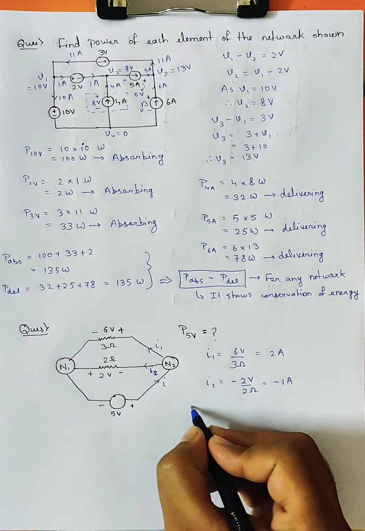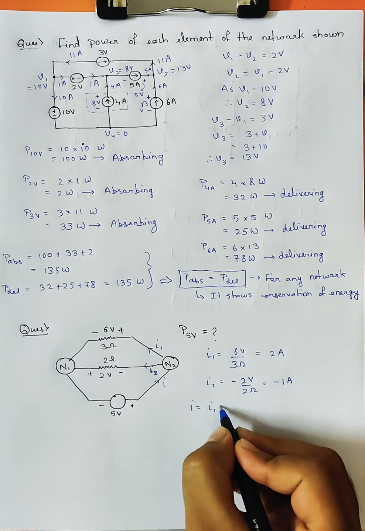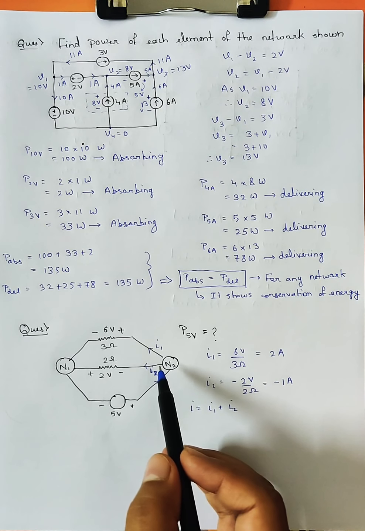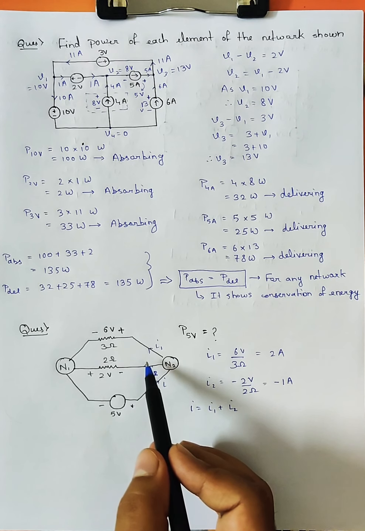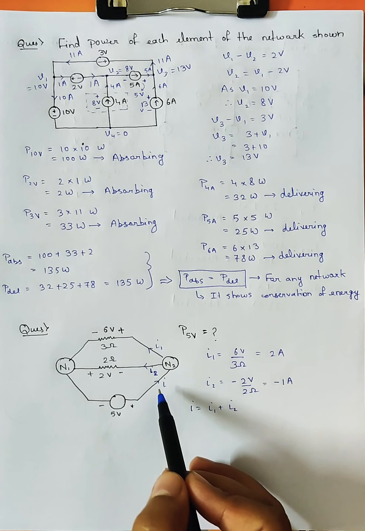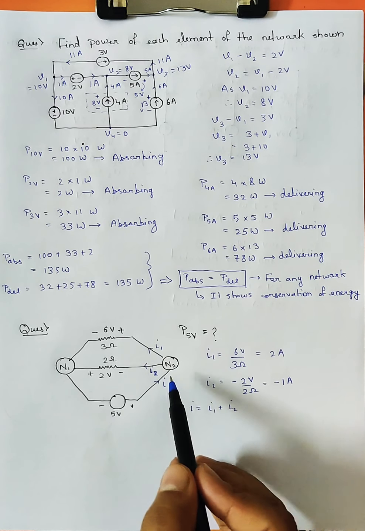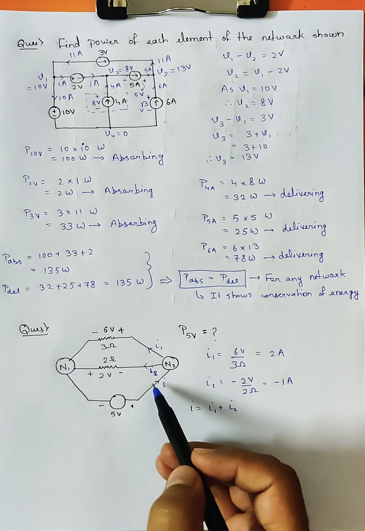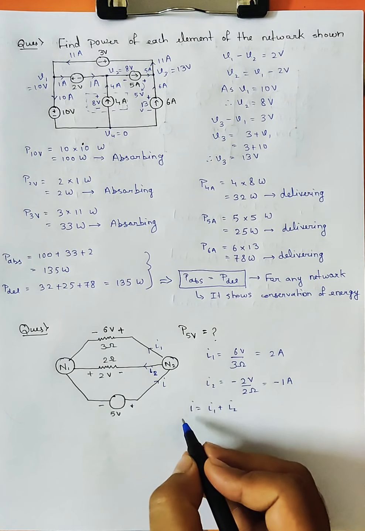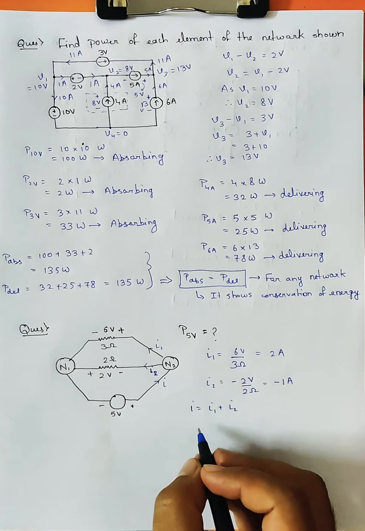Now I will be equal to I1 plus I2, as the amount of current that is coming out of the N2 will be equal to the amount of current going towards the N2. So I is going towards the N2 and I1 and I2 are coming out of the N2. So I is equal to I1 plus I2.